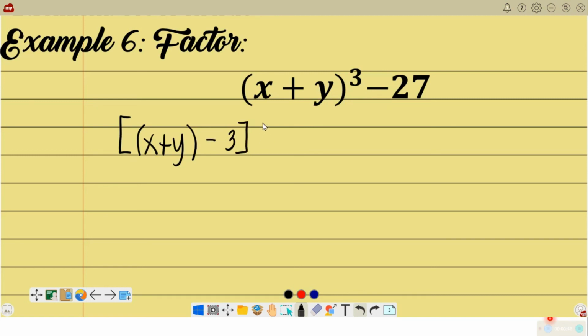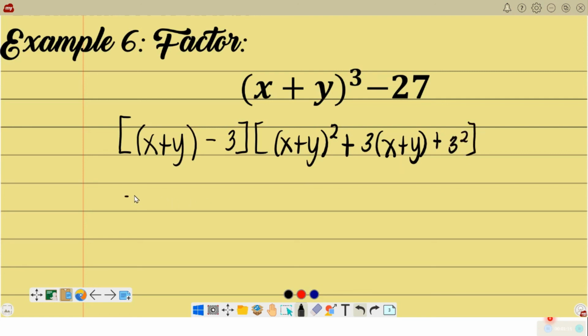Then, bracket. Another bracket. So, what is the square of this first term? So, we have x plus y squared. And then, the opposite of minus, we have plus. And then, 3 multiplied to x plus y. So, we have 3 quantity of x plus y. And then, the last term, we have 3 squared.